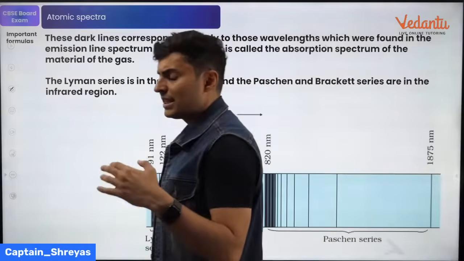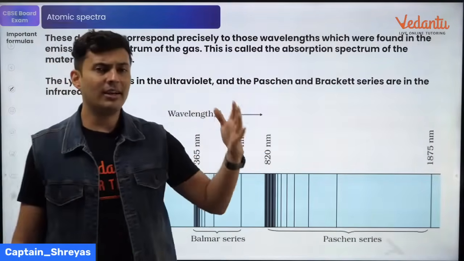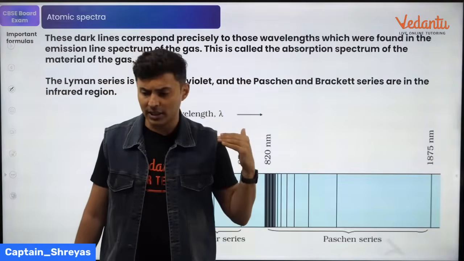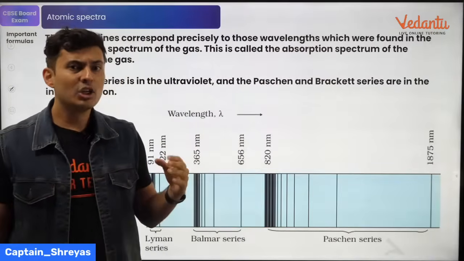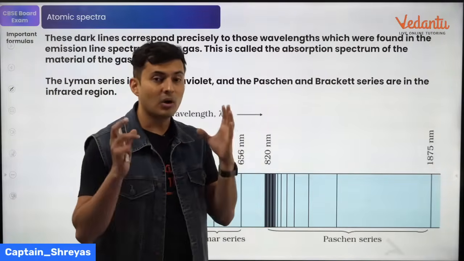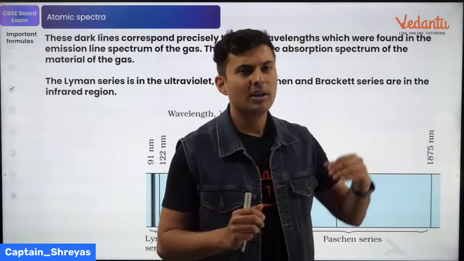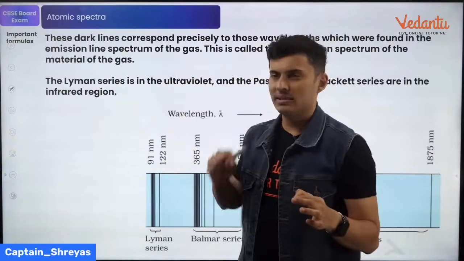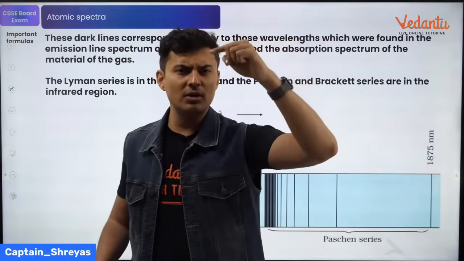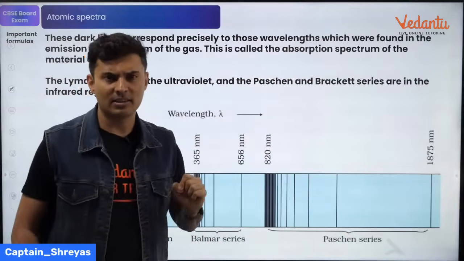Now, because there are different energy levels, when the electrons go from one shell to another shell, one orbit to another orbit, you will see certain wavelengths of photons only are involved. Like if it goes from fourth shell to first shell, a certain wavelength is emitted. If it goes from third shell to second shell, a certain wavelength is emitted.